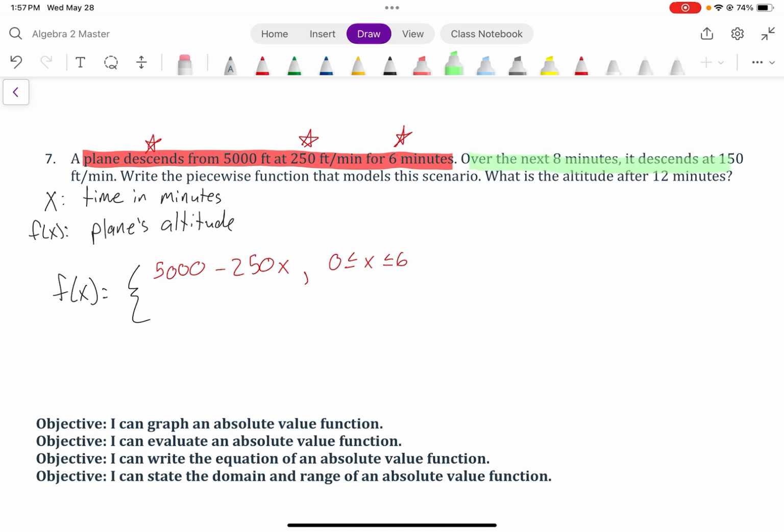The second sentence is what's going to help us figure out the next part. But there's a trick here that many people are going to miss, and it's very, very simple to miss. We're not starting at 5,000 feet anymore. We've already descended for 6 minutes. So if I look at f of 6, I have 5,000 minus 250 times 6. 250 times 6 is 1,500.